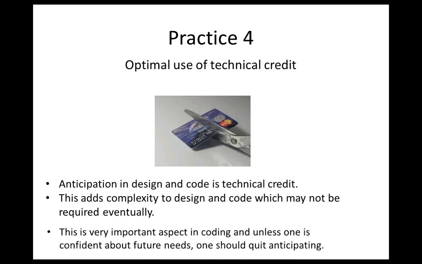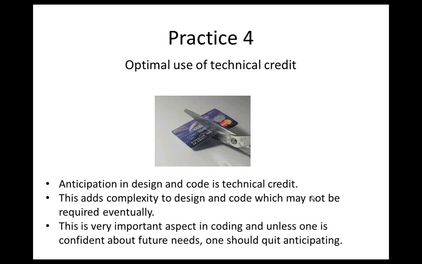And this is a very important aspect in coding. Unless one is confident about future needs, one should not keep anticipating. So my first point is, if you remember, the Agile principle says, make it simple. So keep it simple. Anticipate as little as possible and with a valid ground.